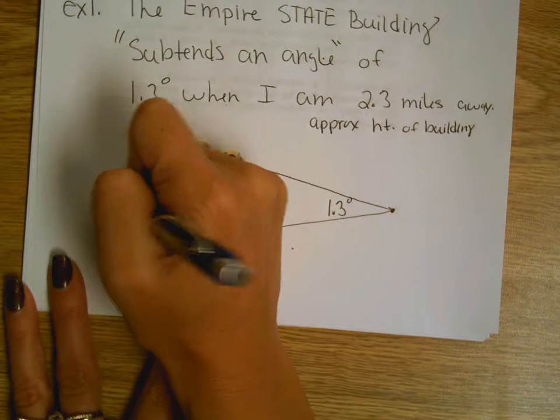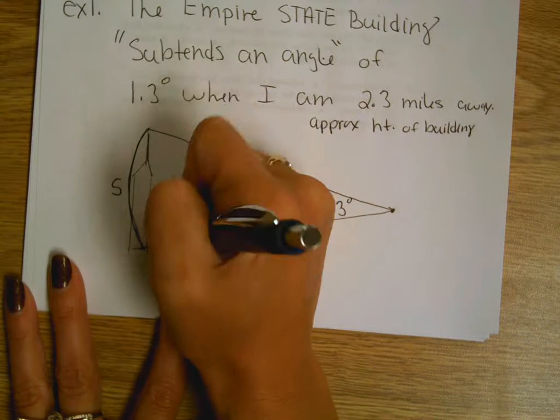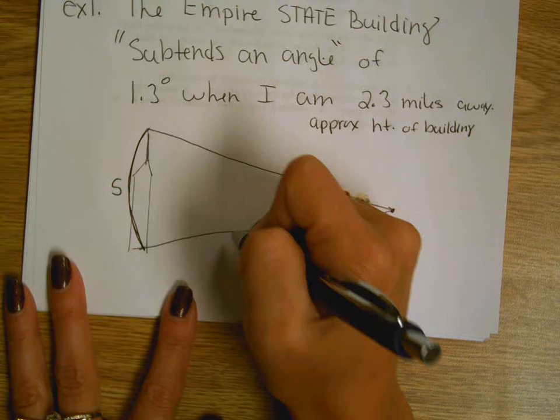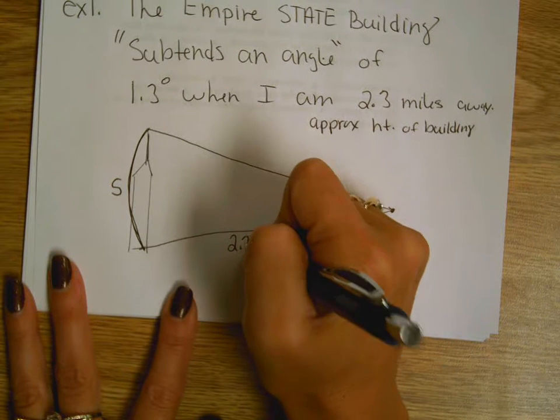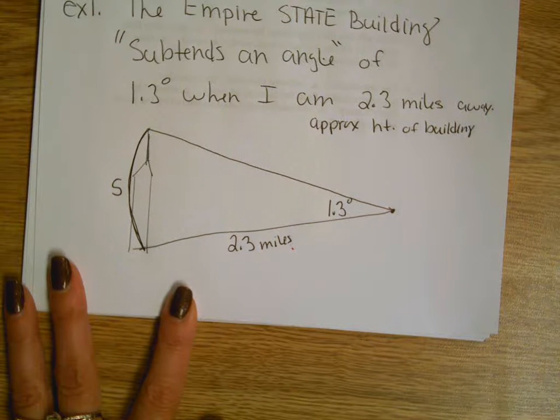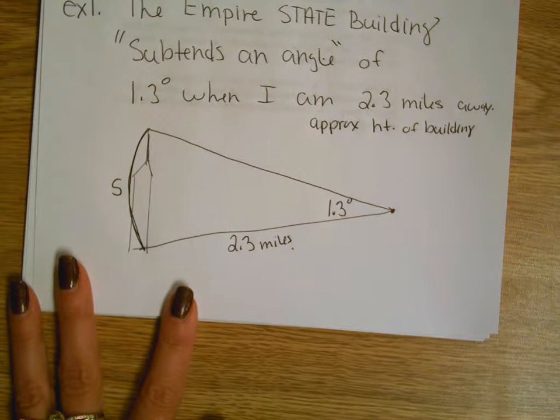So we will find s, and our s will be the approximation for the vertical distance. And I know that my distance away is 2.3 miles. So now it's just a very easy arc length problem. Once you figure out what subtends an angle means, it's pretty easy.